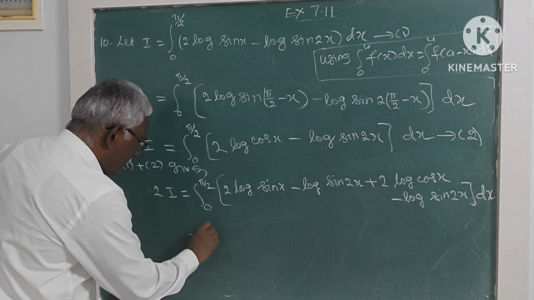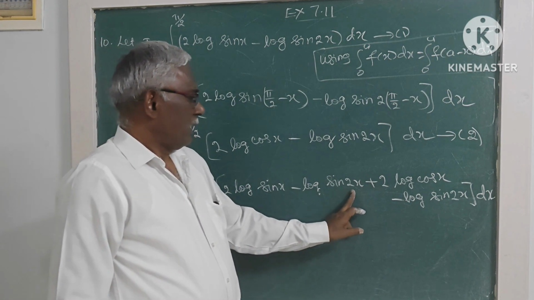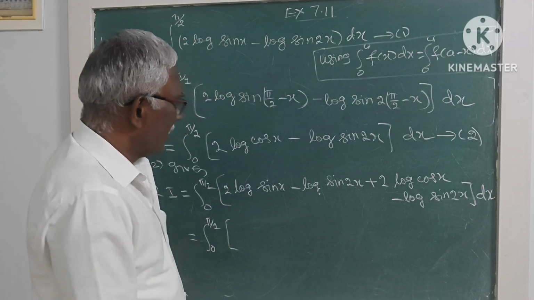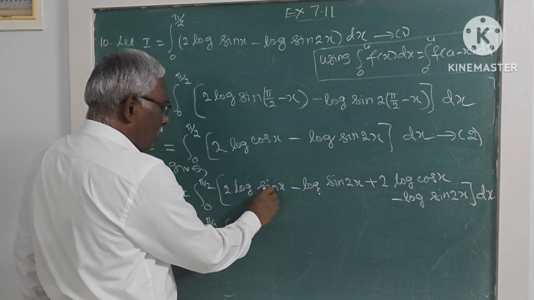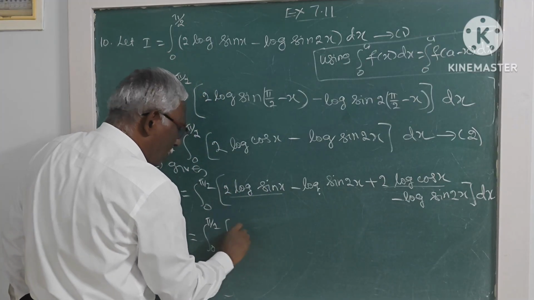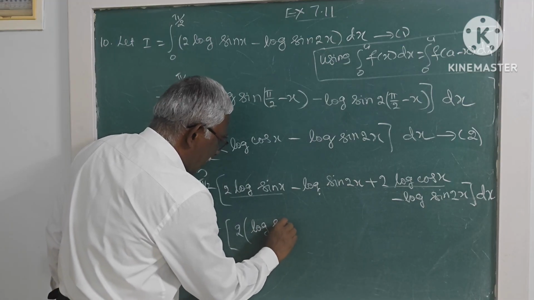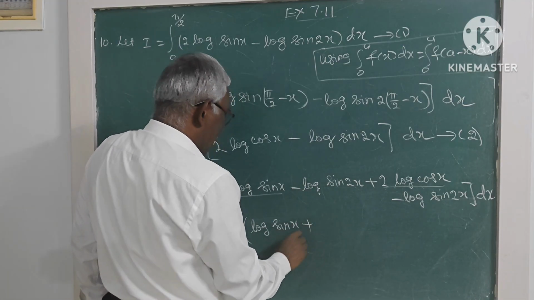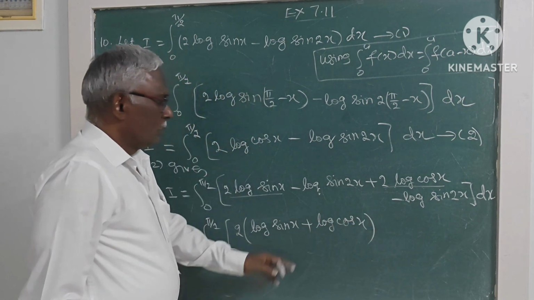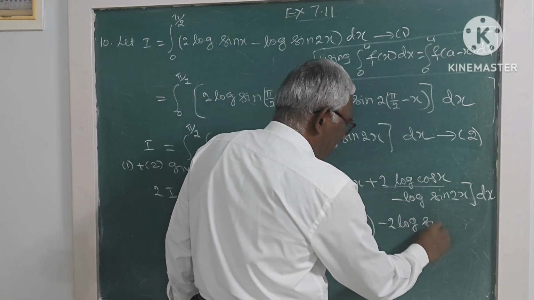Now integral 0 to pi by 2, log of sin 2x minus log of sin 2x, this will become 2 times log of sin 2x like that. So in these two terms we take 2 outside. In these two, if we take 2 outside, then what will come? Log of sin x plus log of cos x. Then this will be minus 2 times log of sin 2x.